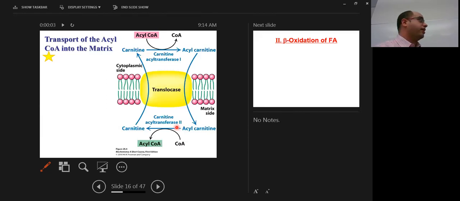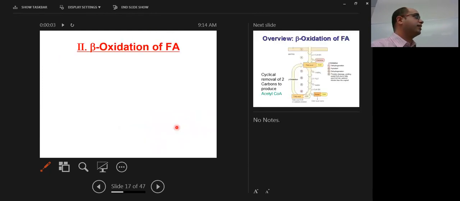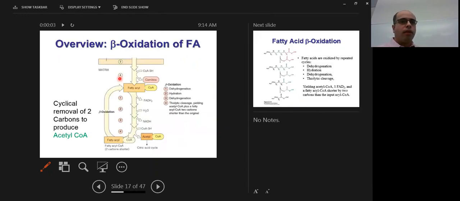So once we're in the mitochondria, we have options for degradation. The most predominant and most common type of oxidation of fatty acids is what's called beta oxidation. And so beta oxidation is a cycle of 4 different reactions that just gets repeated and repeated until you chew up the entire length of that fatty acid. So it's a cyclical removal of 2 carbons to produce acetyl-CoA.